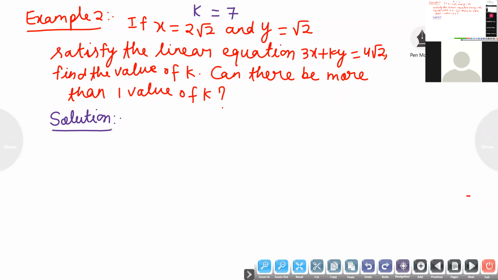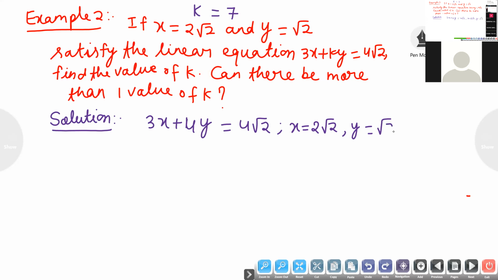The question is: if x is equal to 2 square root of 2 and y is equal to square root of 2 satisfy the linear equation 3x plus ky is equal to 4 square root of 2. The value of x is 2 square root of 2, and the value of y is square root of 2. Then this equation will satisfy the given values.